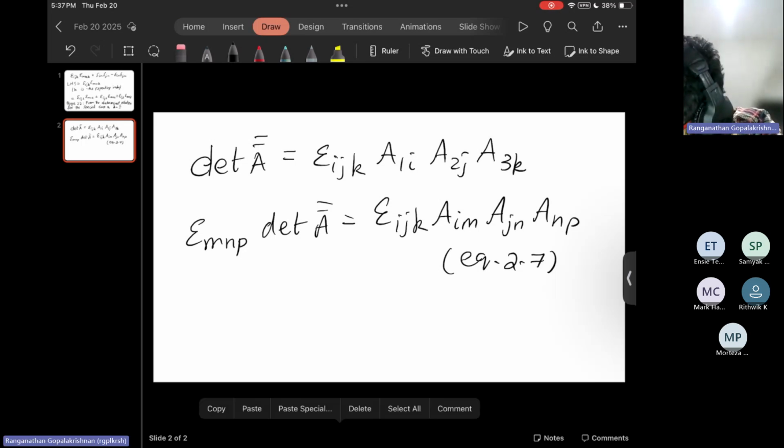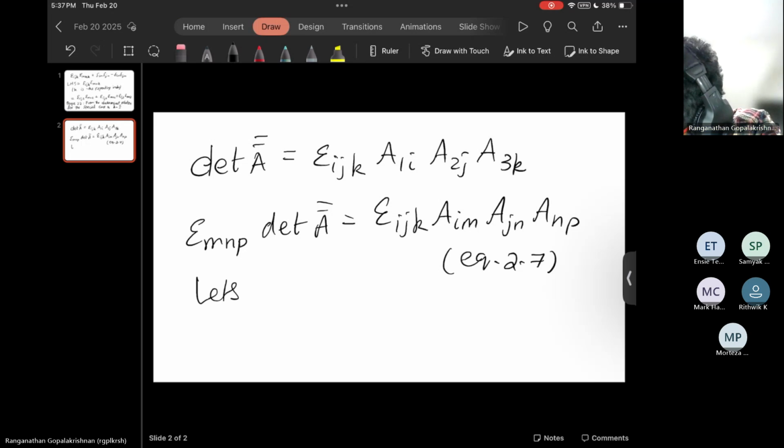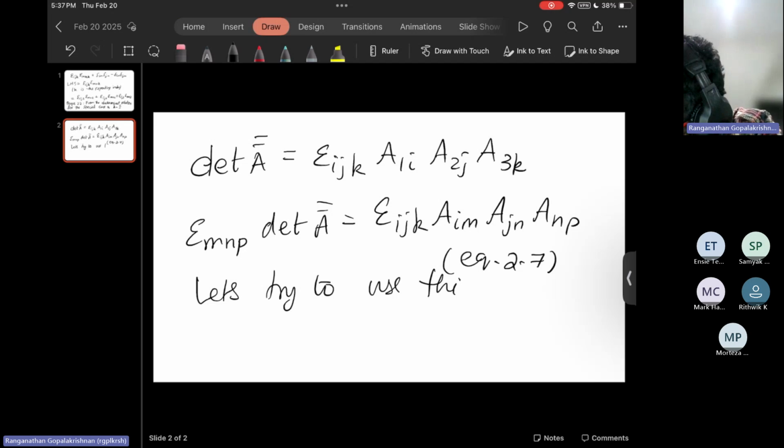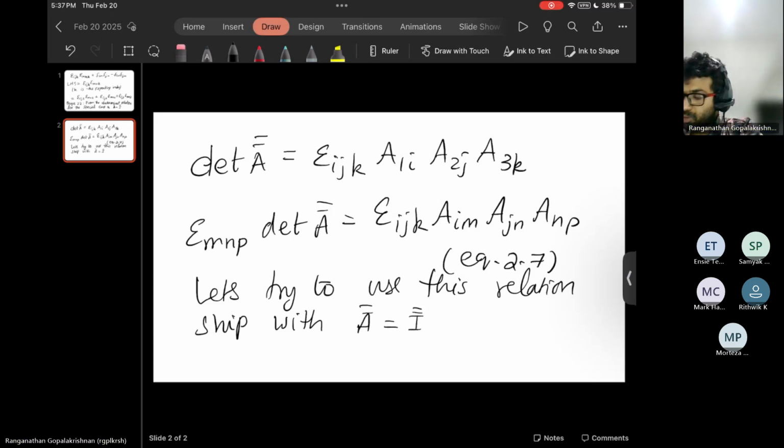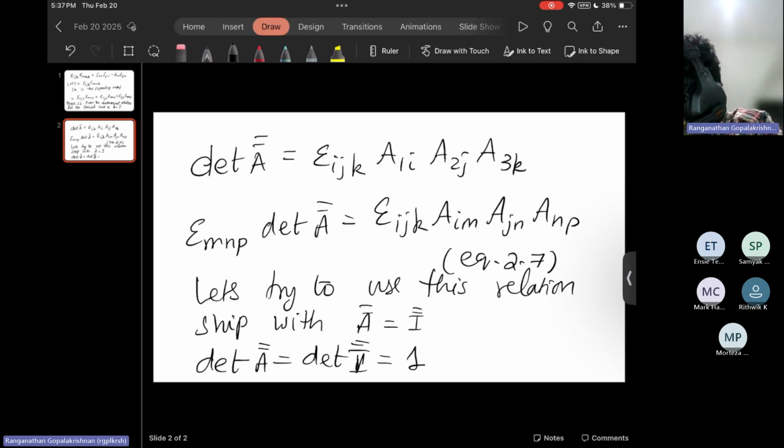Okay, so let's try to use this relationship with A equal to I. If A equal to I, what is determinant of A? Equal to 1, because I is the unit tensor. Determinant of that unit tensor will be 1.